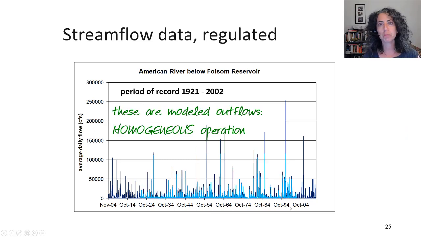So here in light blue, we have simulated reservoir releases routed to the downstream location from the reservoir simulation model. Now, it isn't actually the entire period of record that got simulated. It's only 81 years of the period of record. But it is still longer than the original gauged flows, and it is a consistent operation.